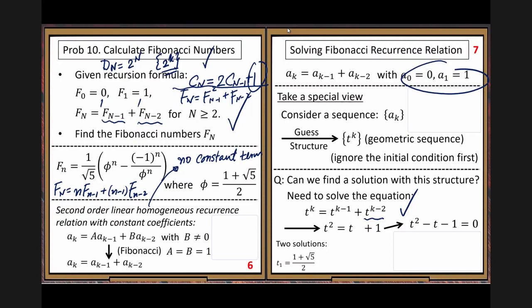T1 is 1 plus root 5 over 2. T2 is 1 minus root 5 over 2. Two solutions. Remember, when we calculated the golden ratio, we got two possible solutions, but we dropped the second one, right? We know the meaning of the golden ratio definition, so we dropped the second one.